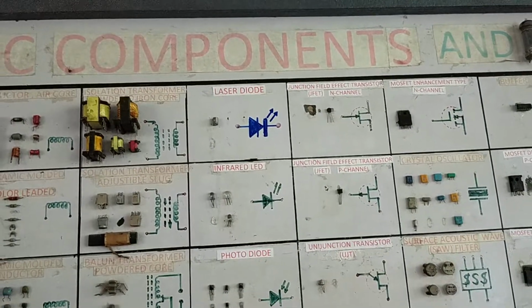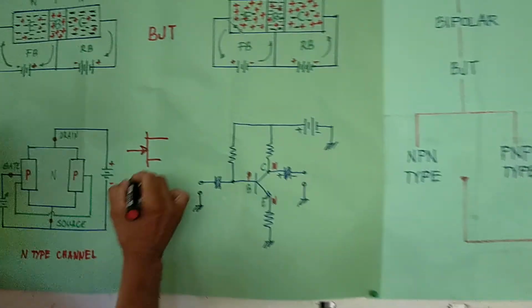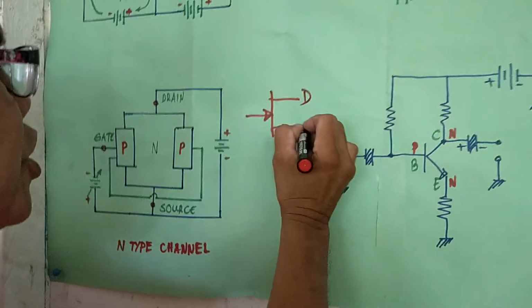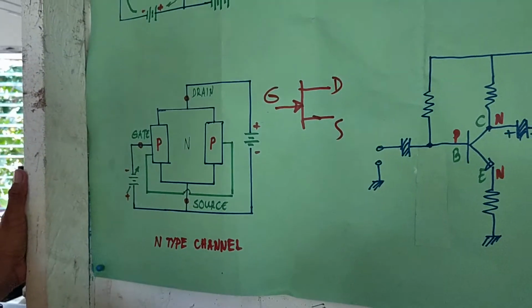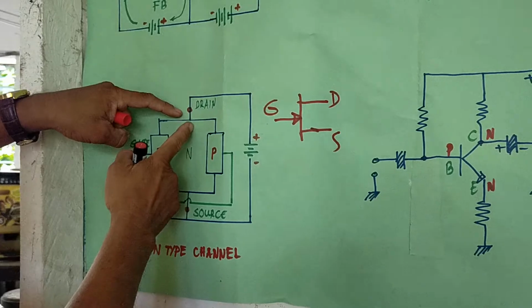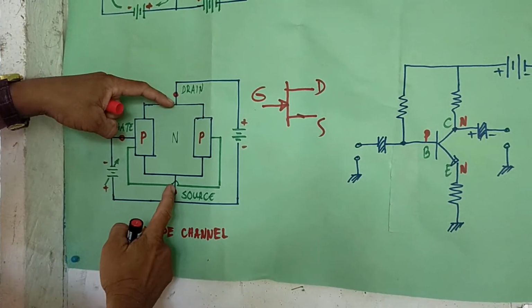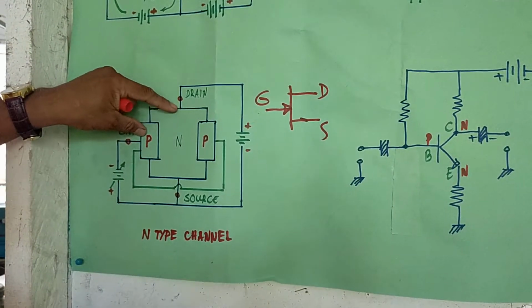So the symbol is here, N-channel. Meaning, the gate is positive, whereas the drain and the source are negative, because the junction here is now the passage of the electrons.